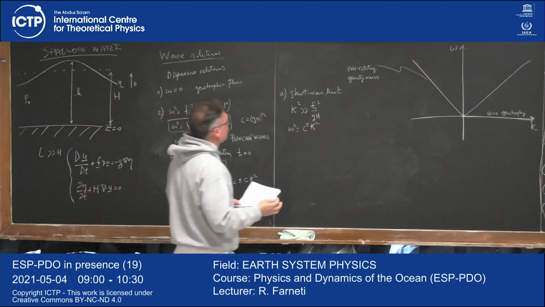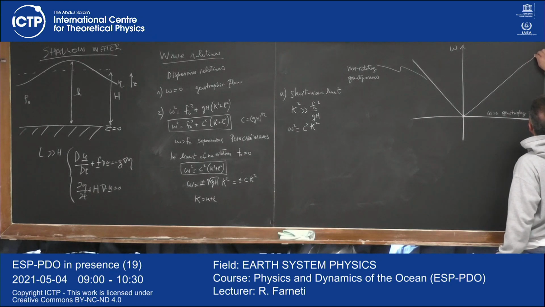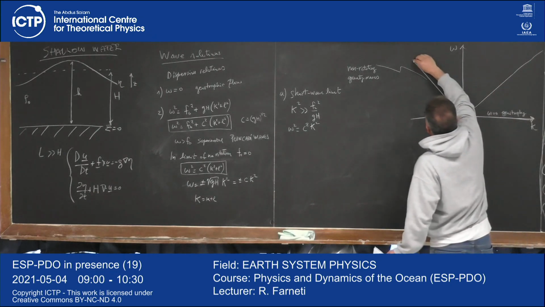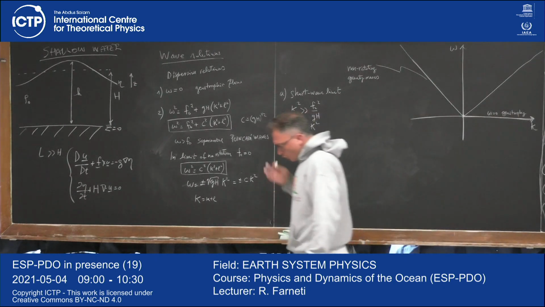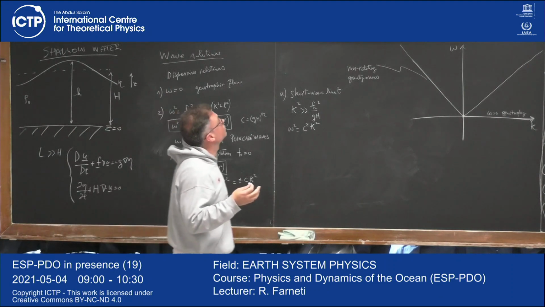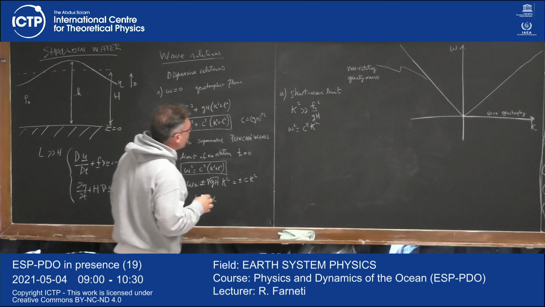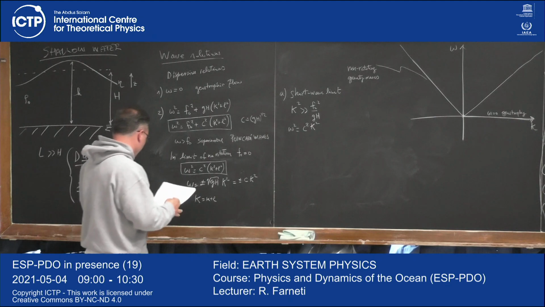So it's again the same dispersion relationship as the non-rotating case. So we are in this limit: short wavelength, large wave number. So the Poincare wave will asymptote to the case of a non-rotating gravity wave. So even though there is f, so it is a rotating system, for small wavelength it doesn't feel rotation. It's just a gravity wave.